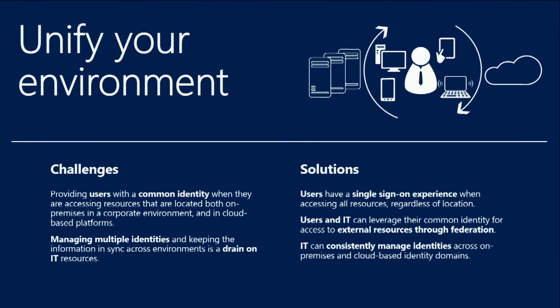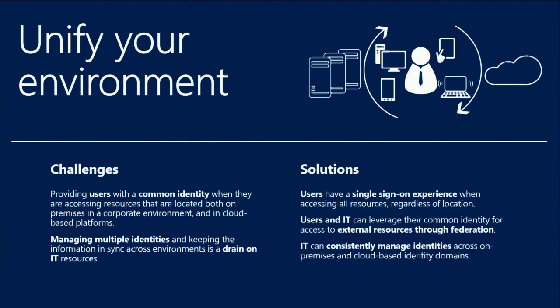So we look at some solutions. The first is that users are going to have a single sign-on experience, regardless of what device they're using, regardless of where they are as far as network location. They want to bring their own Active Directory credentials that they're used to using to access their daily information. IT can leverage this identity to still provide access to external resources that are in the cloud through federation scenarios with Active Directory Federation Services.